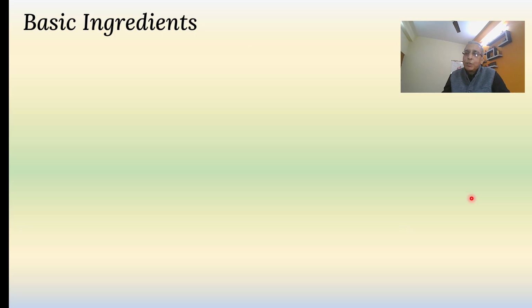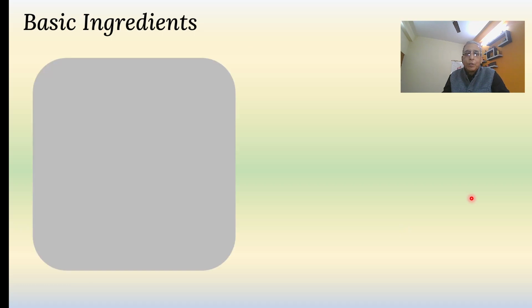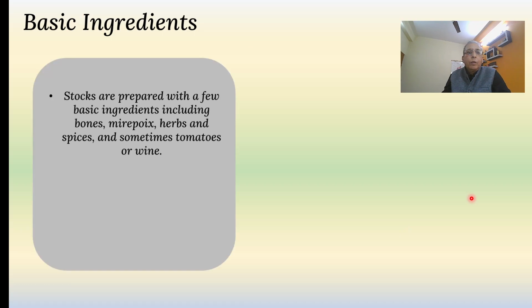Basic ingredients. Let us see the demography of this. What are the ingredients we require? Stocks are prepared with a few basic ingredients including bones, mirepoix, herbs and spices, and sometimes tomatoes or wine. So these are the basic ingredients we require to make any basic stock.